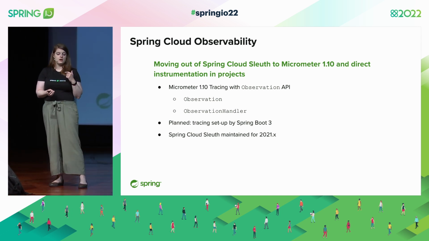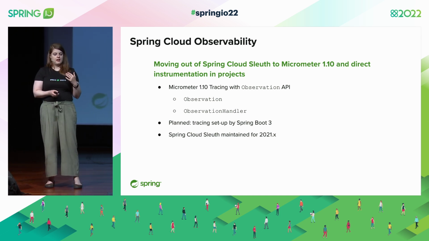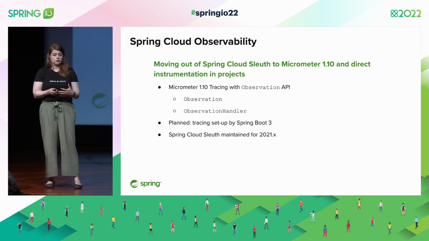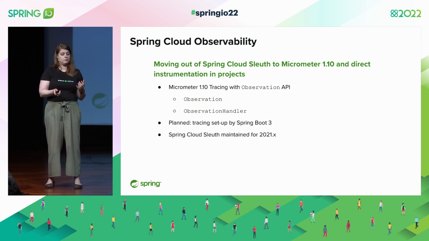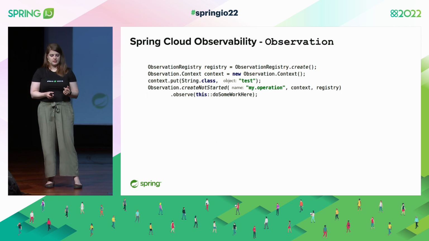So in Micrometer 1.10, you can get tracing support with the new observation API. You get the observation and observation handler classes that we will see shortly, and all the tracing will be set up for you by Spring Boot 3 and by the projects. And yeah, Spring Cloud Sleuth will be only maintained throughout 2021.